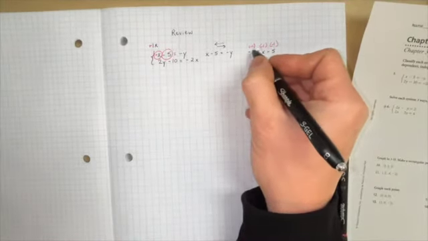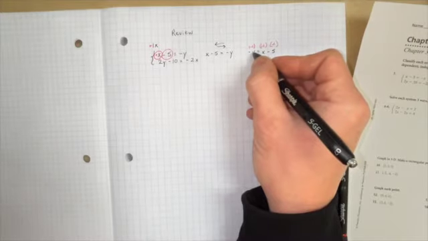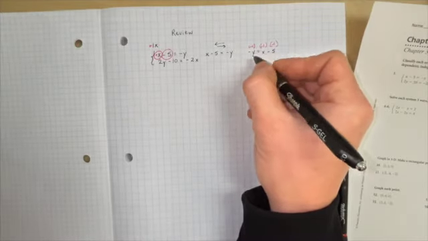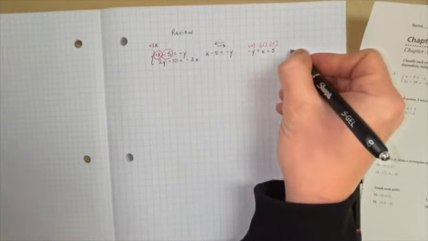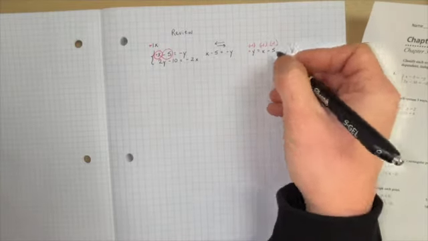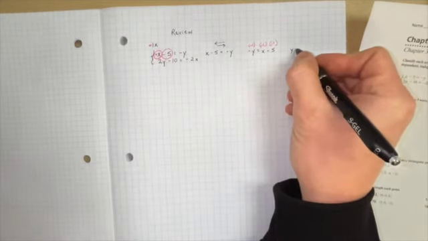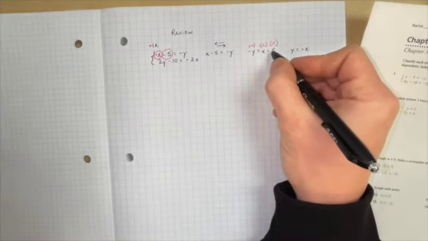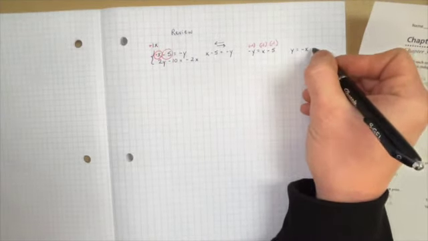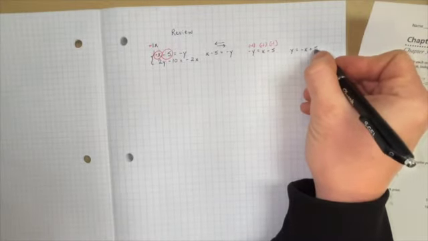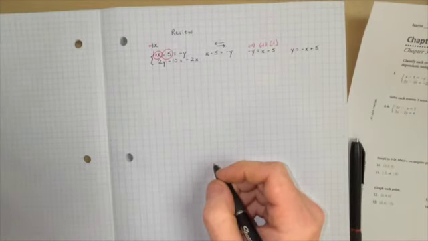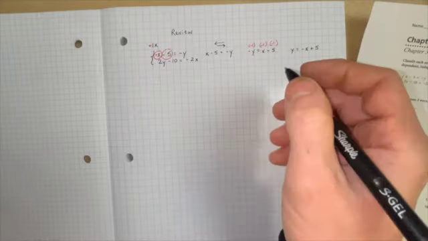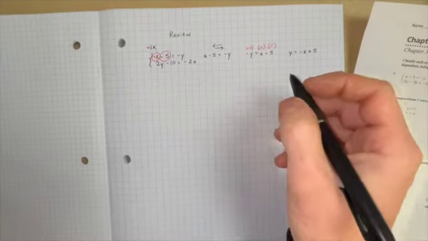So a negative times a negative, negative 1y times negative 1, would yield y. x times a negative 1 would equal negative x, and negative 5 times negative 1 would yield a plus 5. Okay, now we have mx plus b form.